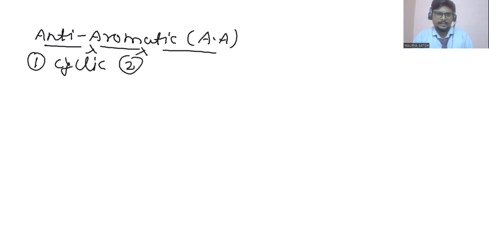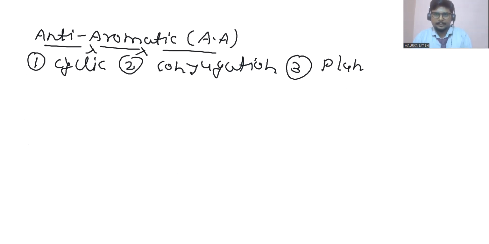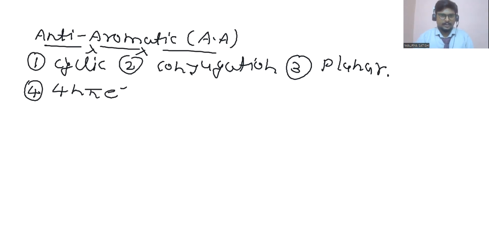Second, conjugation. All the things are the same, and also planar, except the fourth rule. That means it satisfies 4n pi electrons.